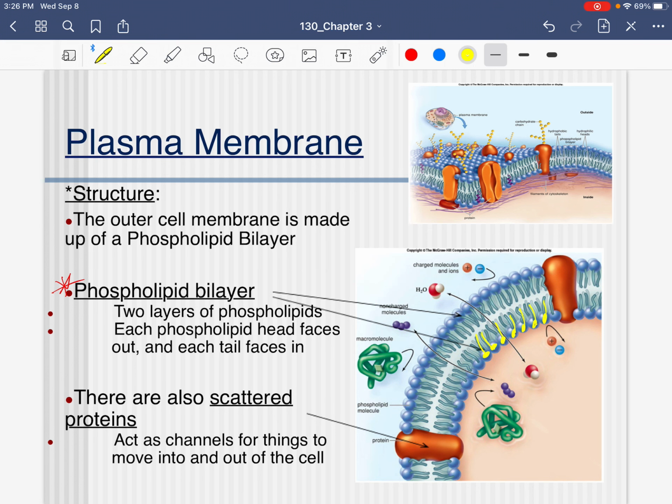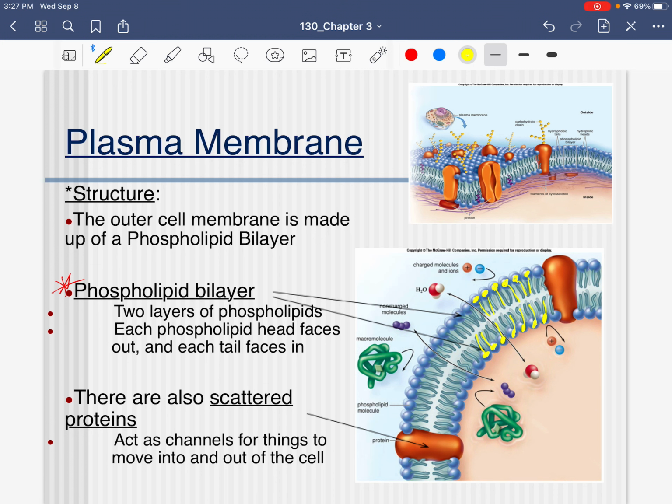And as a matter of fact, you will recall we talked about phospholipids being a type of lipid in chapter 2, and that they were structural parts of the cell membrane. Well, now we're seeing them. They form a bilayer, a layer of 2. And the heads are on either end, and the tails face the middle.